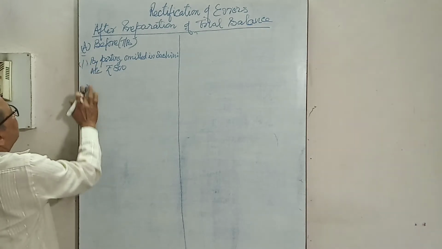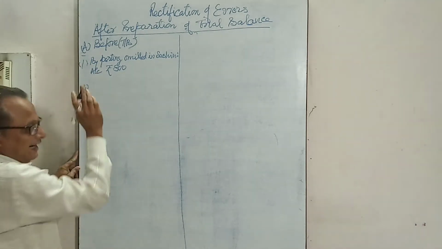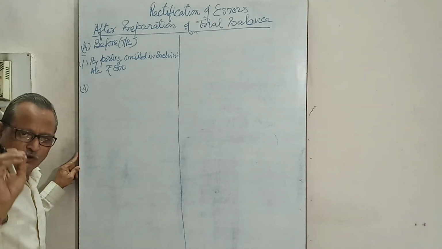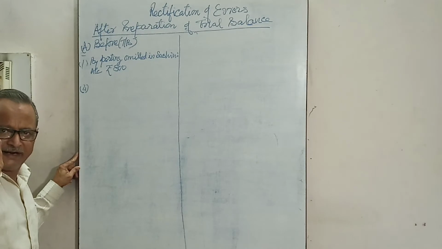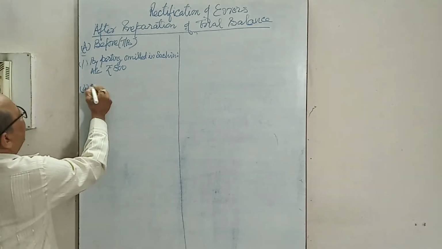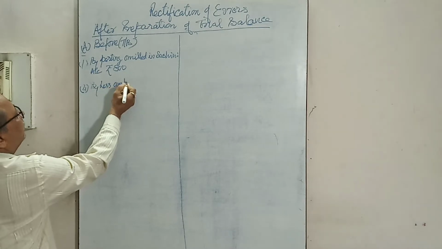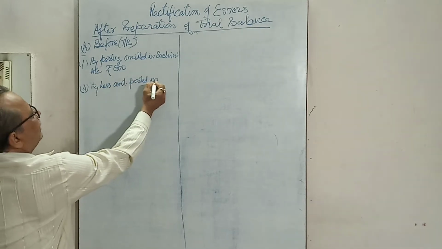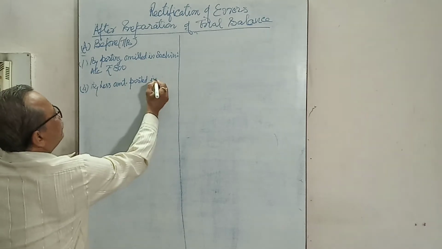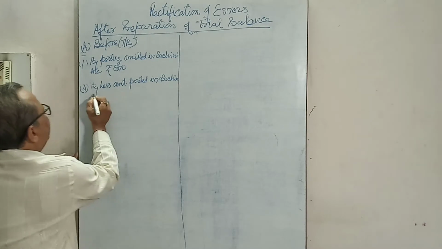So the credit item should be increased by 720, that is, by the less amount posted in Sachin's account, because Sachin should be credited.